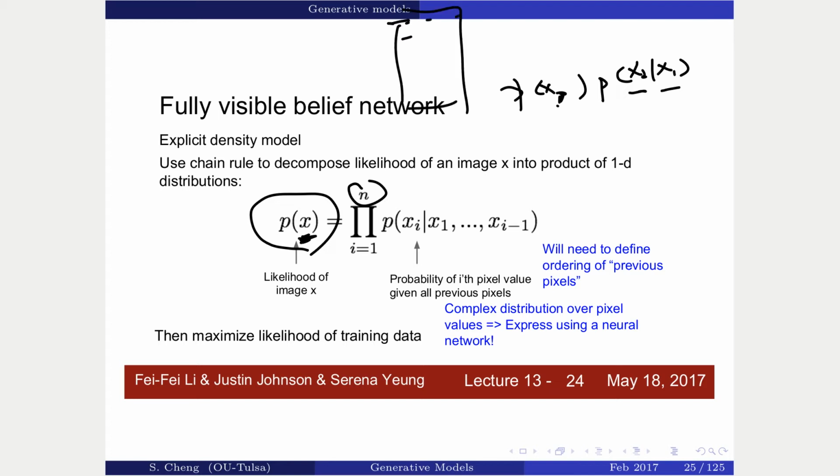I have the first pixel, the probability for this one, and then the second pixel, the probability of this one conditioned on the first, and then the next pixel, the probability of this one conditioned on the earlier pixels, and so on. Then you just multiply all of them, and that will give you the probability of that image.